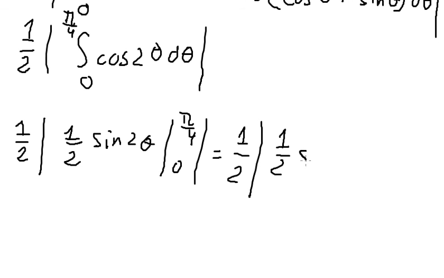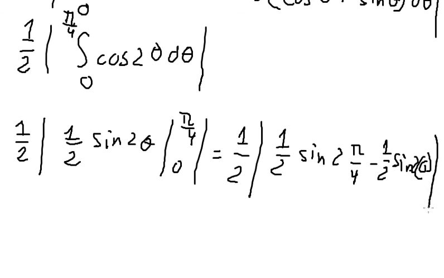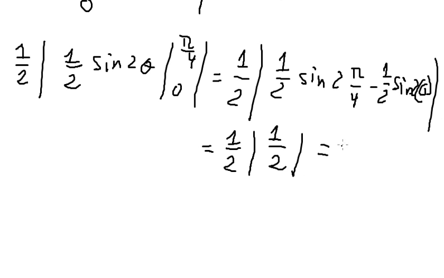So we have about sine 2 multiplied by pi over 4 minus 1 over 2 sine number 2 multiplied by number 0. We calculate about this one, and we got about the absolute value of 1 over 2. So we will have about 1 over 4.